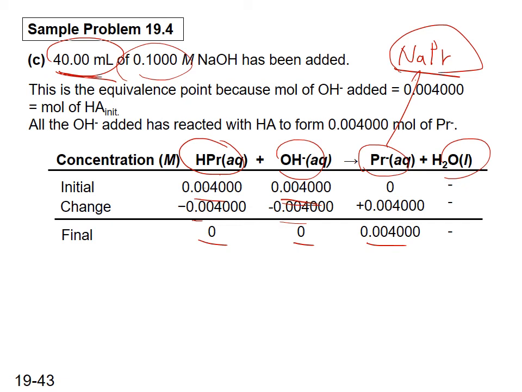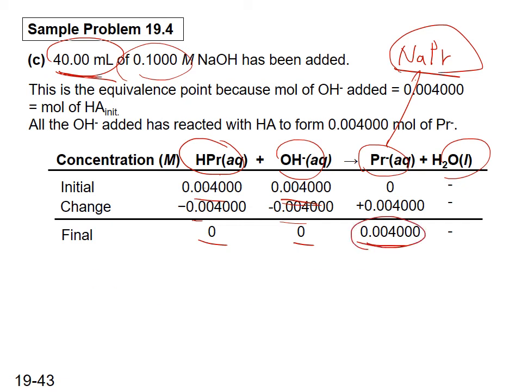propanoate anion. Because this anion is a weak base, it will react with water to generate hydroxide. So in order to calculate the hydronium ion, we need to set up the reaction table to calculate the hydroxide concentration. Before we do that, we need to calculate the concentration.